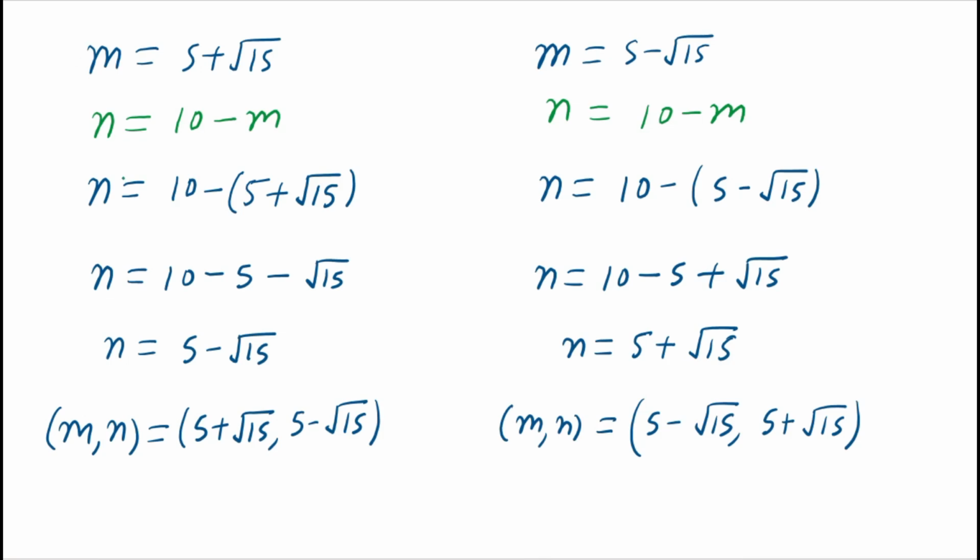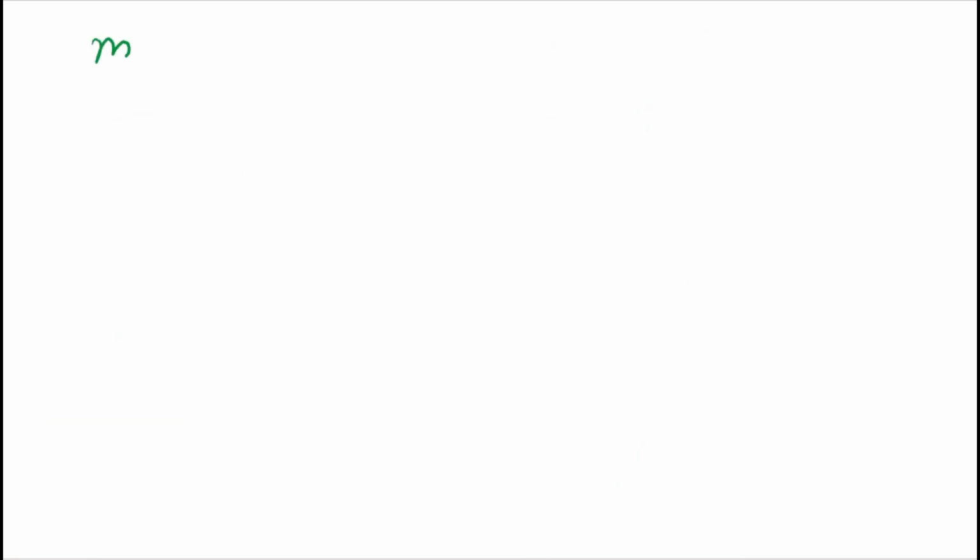Now here we have two cases. This is case first and this is case second. Case first: m is equals to 5 plus square root of 15, and n is equals to 5 minus square root of 15.